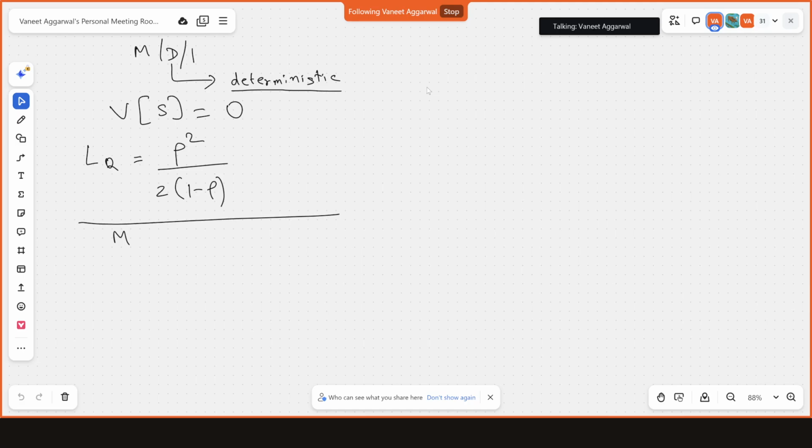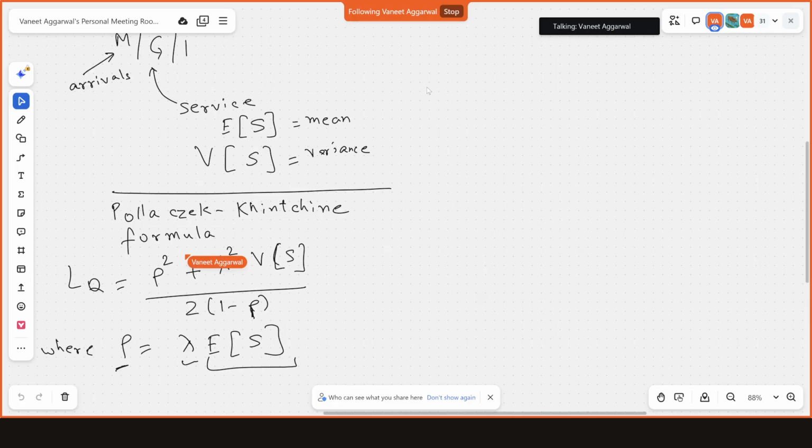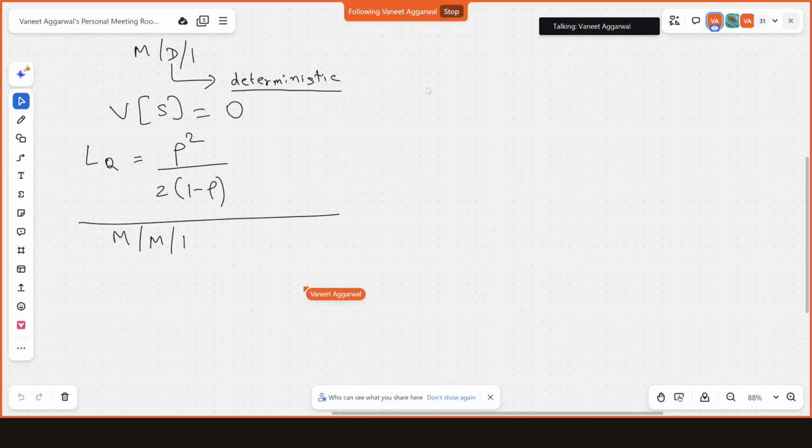Let's consider MM1. You can already see from the expression here, MM1 will be larger because we will have the second term. In the first case, we did not have the second term. So for MM1, the variance of service time is 1 upon mu square.